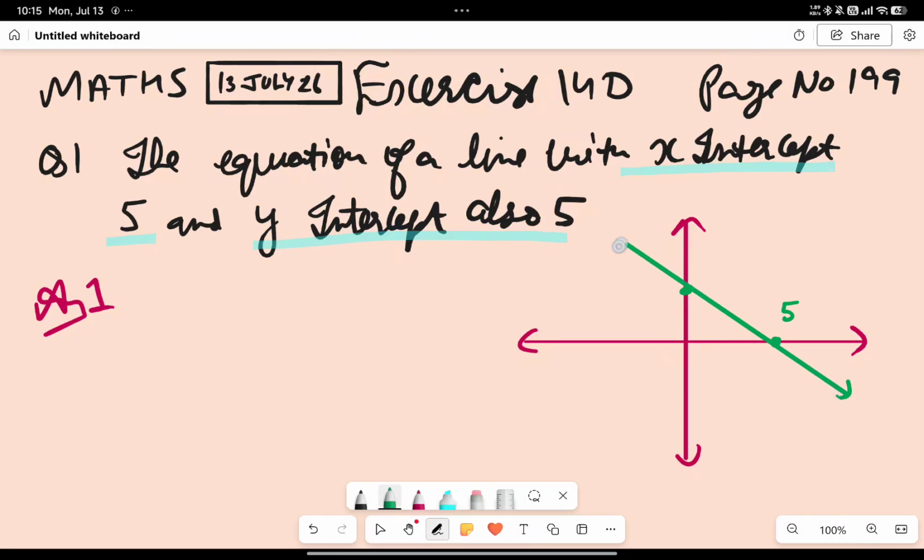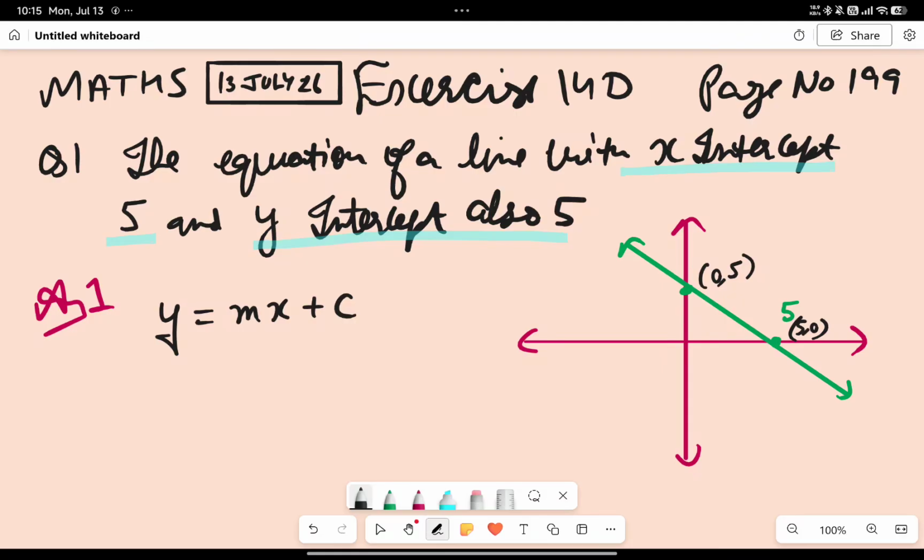Now what could be these points? This point should be 0, 5 and this one could be 5, 0. Now you know the intercept form? y is equal to mx plus c.